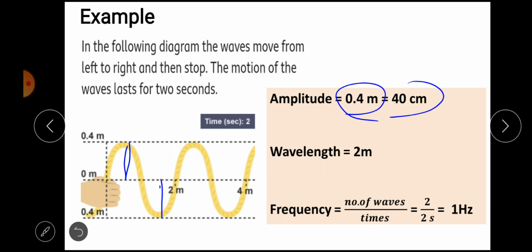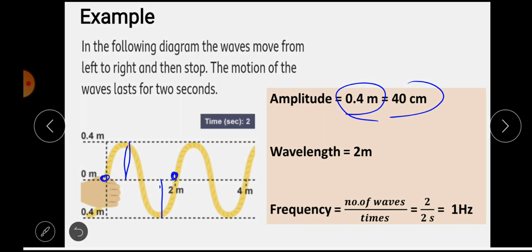And then the wavelength. Wavelength is the distance between 2 successive similar points, or it is measured from trough to trough, or from crest to crest, or from the start of a wave to the end of the wave. So if we measure from the start of the wave, the wave starts here and it ends here, and then what is this distance?